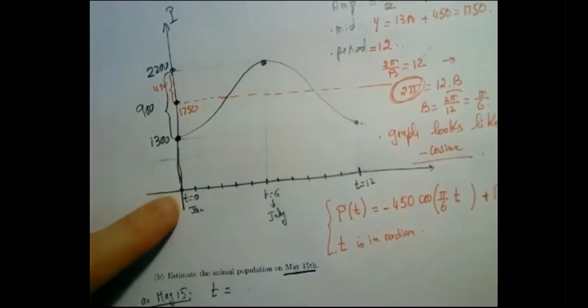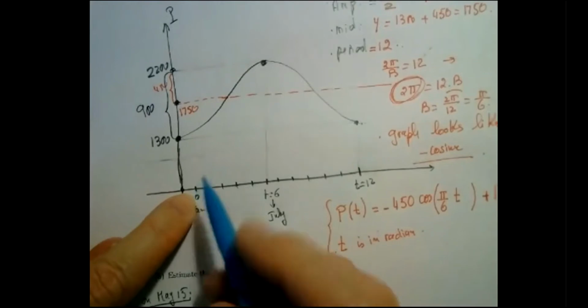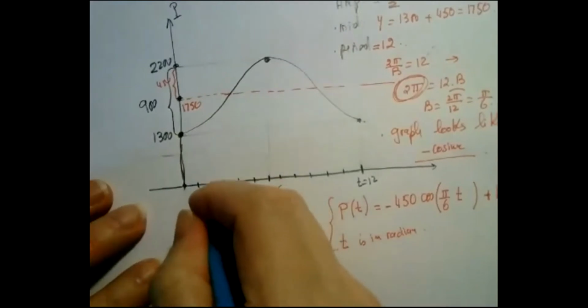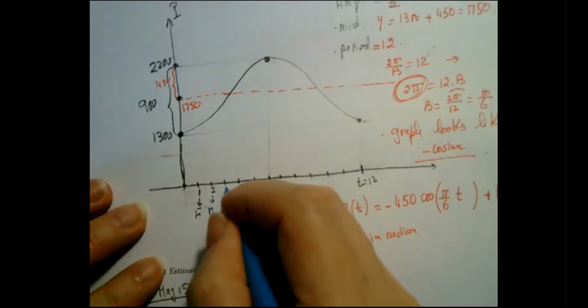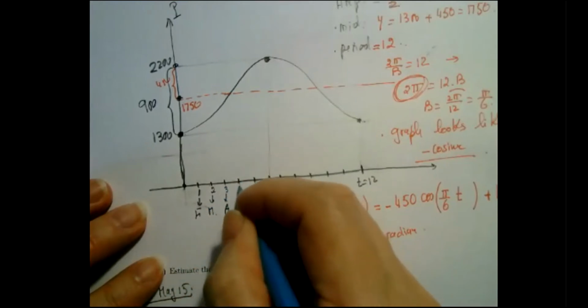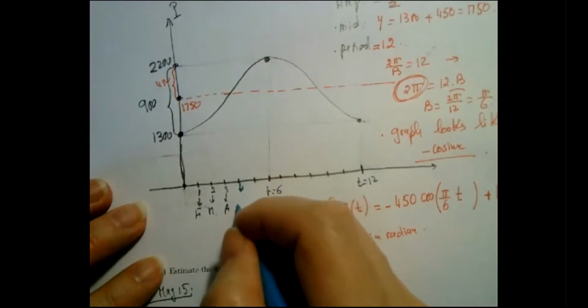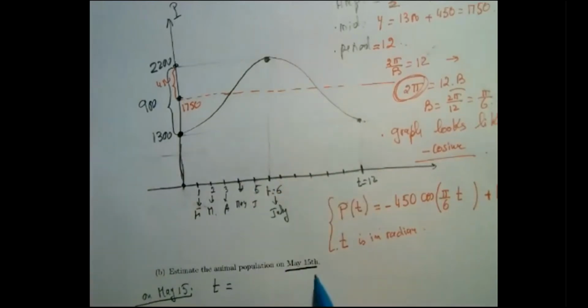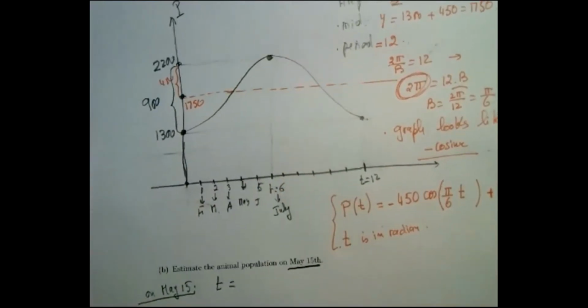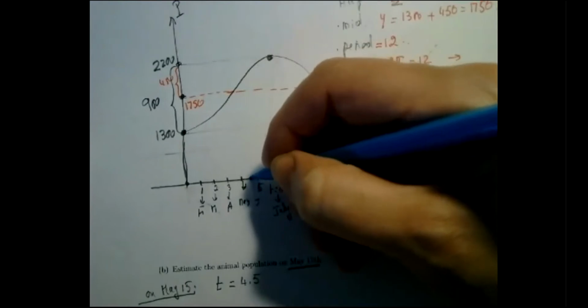Let's go back. 1 is February, 2 March, 3 April, 4 is May, and June. So May 15, what will be the t? Not quite 4, it's May 15. T is 4.5. And I need the population at 4.5.